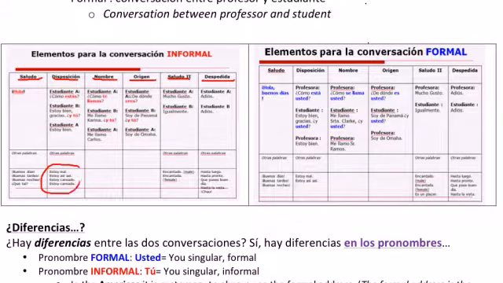Estoy mal, estoy así así, estoy cansado if you are a male, or estoy cansada if you are a female. Estoy mal just means I'm not well, I'm bad. Estoy así así means I'm okay. Estoy cansada means I'm tired for women, and estoy cansado means I'm tired for men.